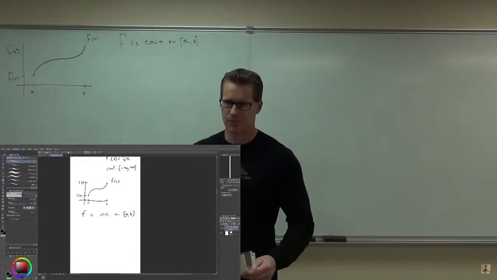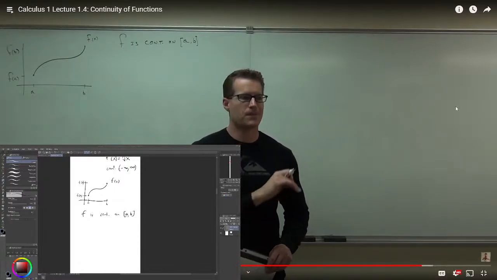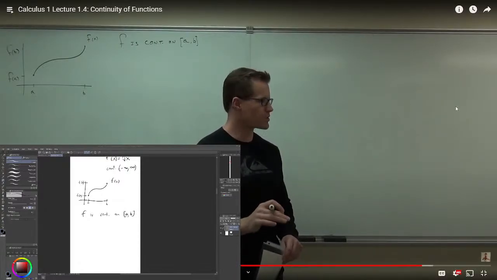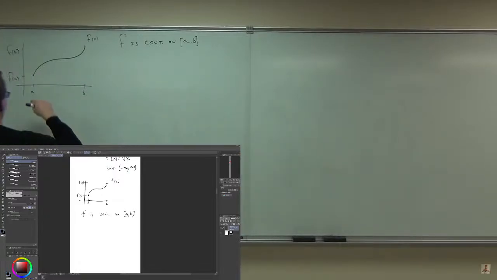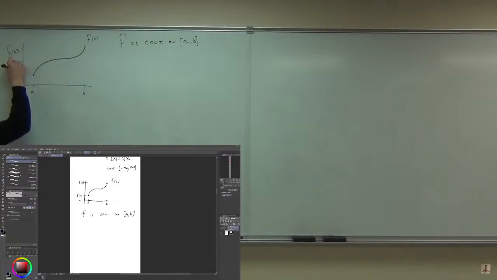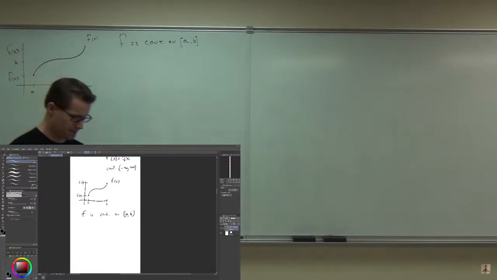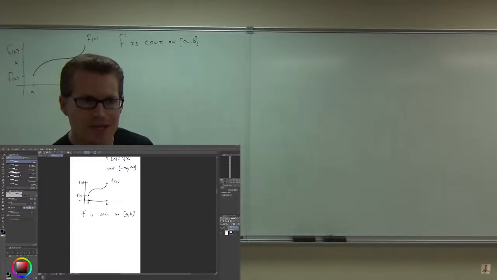Here's my question. Let's suppose that I picked some arbitrary value between f of a and f of b. Maybe like here, and I'll call it k. So let's say that k is between f of a and f of b.